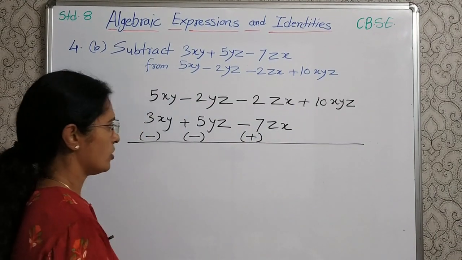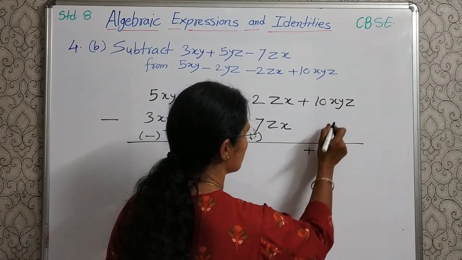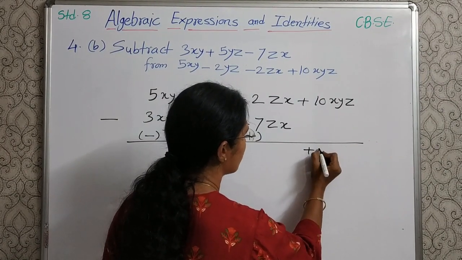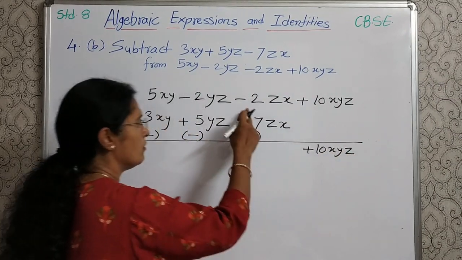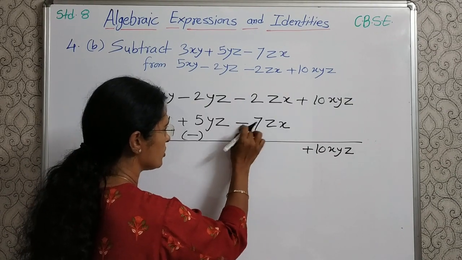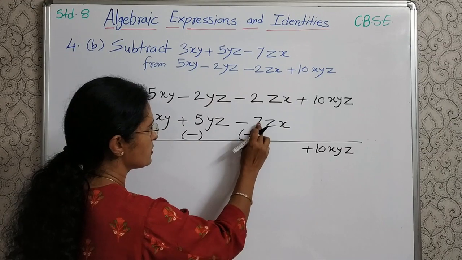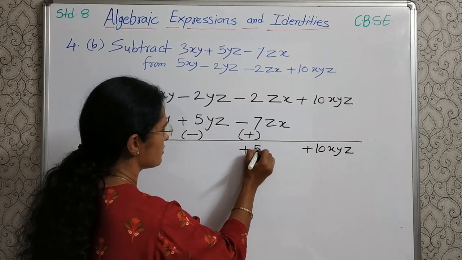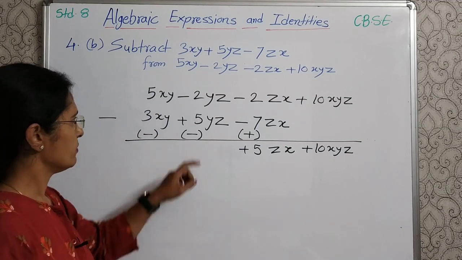And now solve. Plus 10xyz stays as it is, there is no like term below this to add or subtract. Then minus 2zx plus 7zx. Now ignore this sign and take this sign with this term. So minus 2 plus 7 is plus 5zx, the common variables.